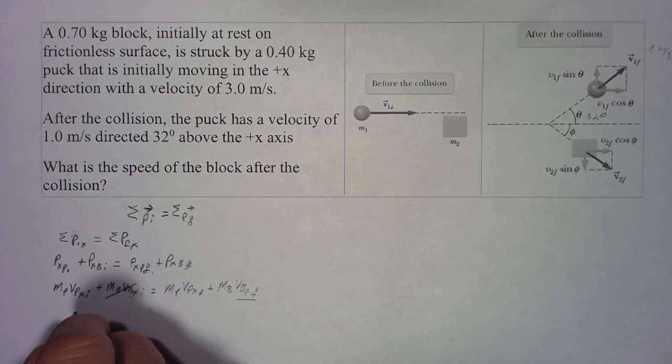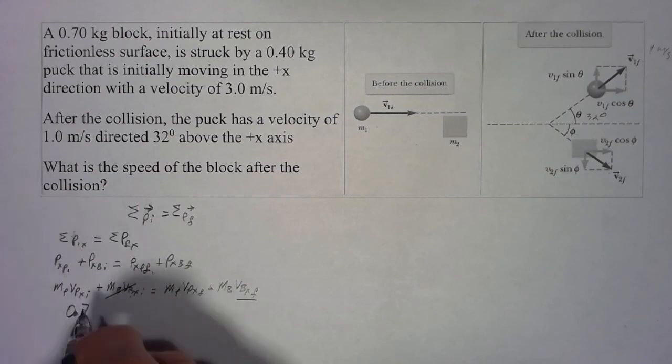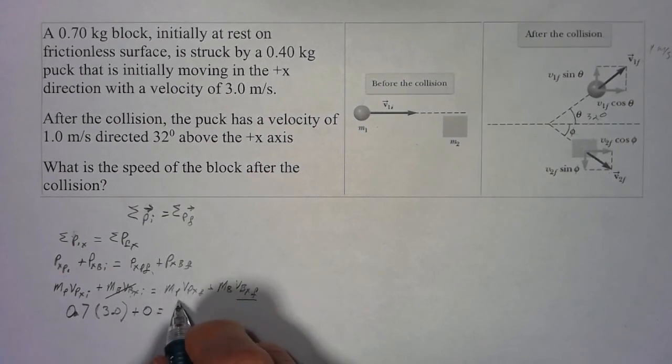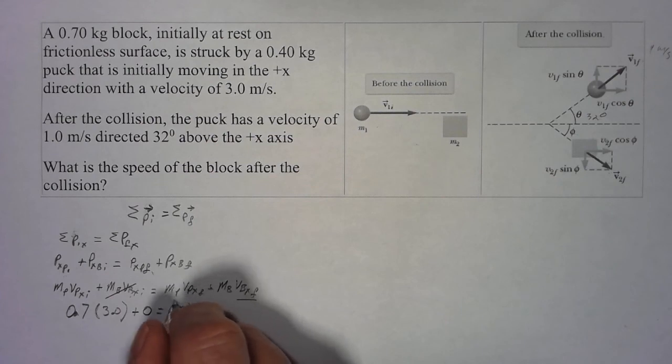So this is 0.7 kilogram block, and it's moving in the x direction at 3 meters per second. And the block is not moving, its momentum is 0. Afterwards, puck has that same mass, 0.7.